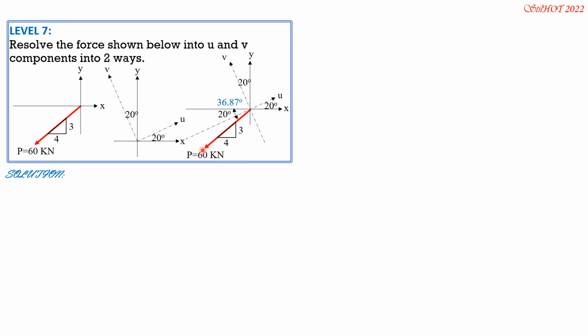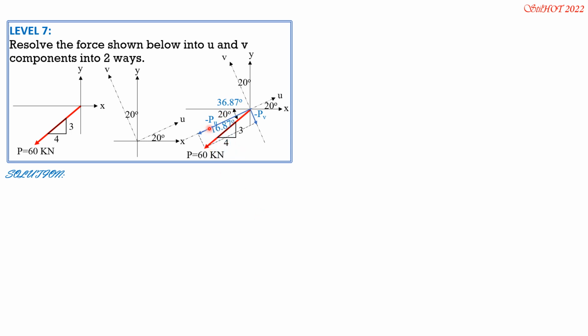So from the tip of the force P, we draw lines parallel to the U and the V axis, parallel to V and parallel to U, so that we can form this rectangle. So this is PU, which is negative, PV also negative, because they are in the opposite directions. Both are negative components. And the measure of this angle is 36.87 minus 20, so 16.87.